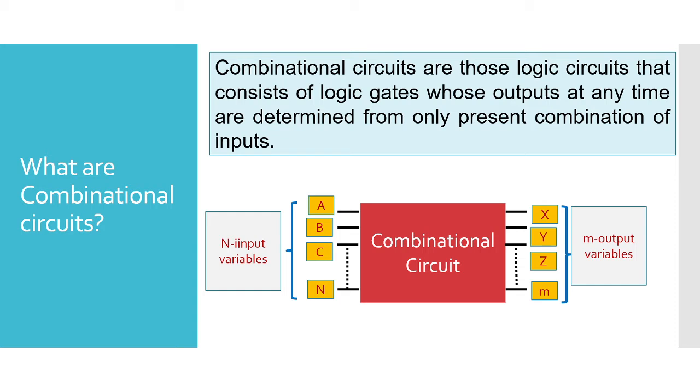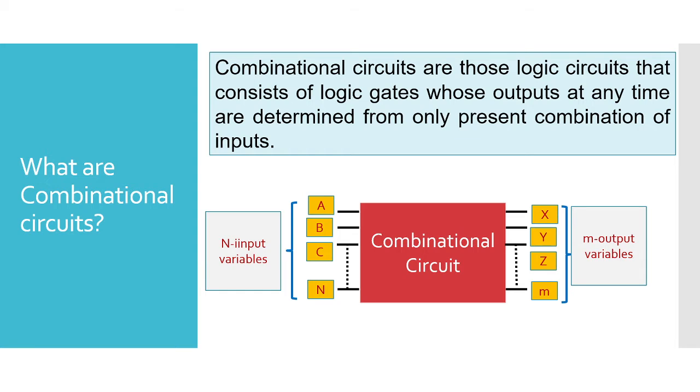Let's say n input variables A, B, C up to n, and multiple outputs are available, let's say m, and the variables I am taking here as x, y, z up to m. So here I am showing a combinational circuit block diagram where I represent the circuit as a black box where n input variables and m output variables are present.